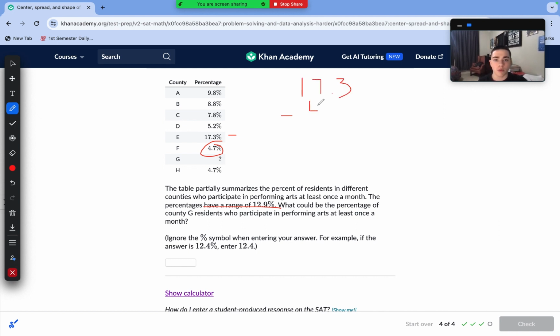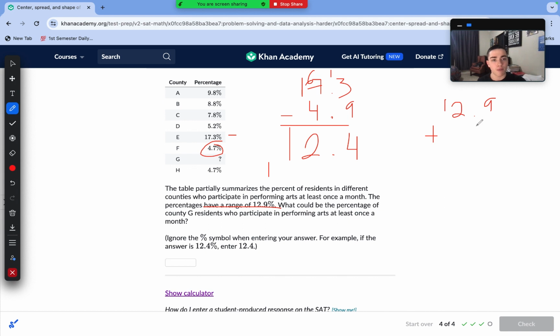So if G was not an outlier point, our range would be 12.4. Well, obviously we can see here, we need a range of 12.9. That means that G is going to be our largest value in this percentage. So we're going to take our smallest value and add 12.9 to it.